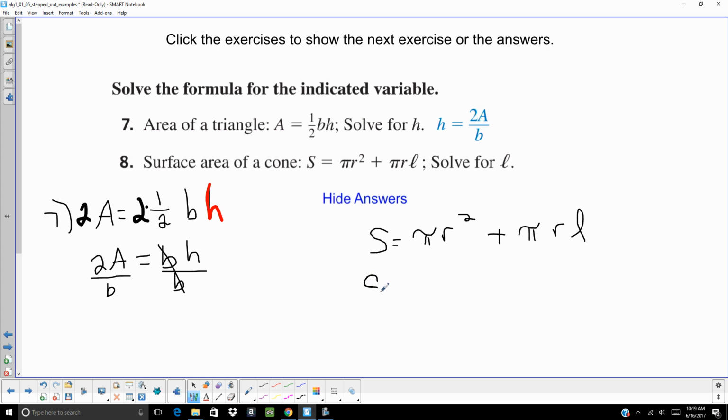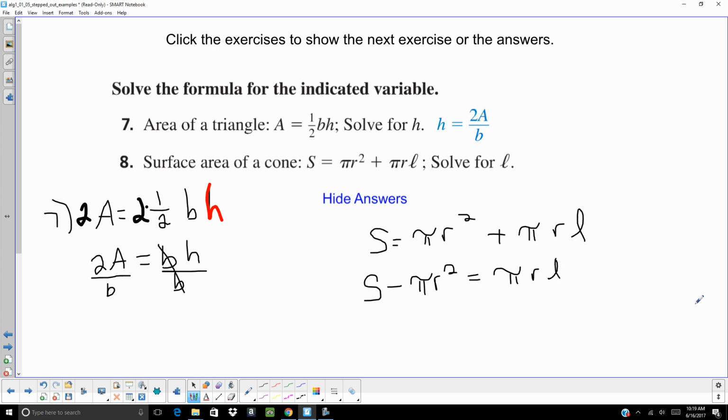We can get S minus pi r squared. I did this one a little bit more mentally, but I subtracted pi r squared from both sides, equals pi r L.